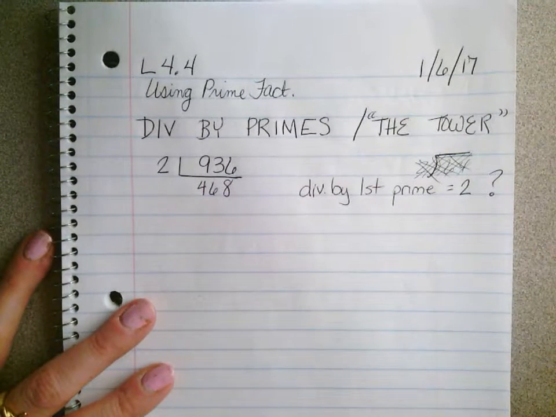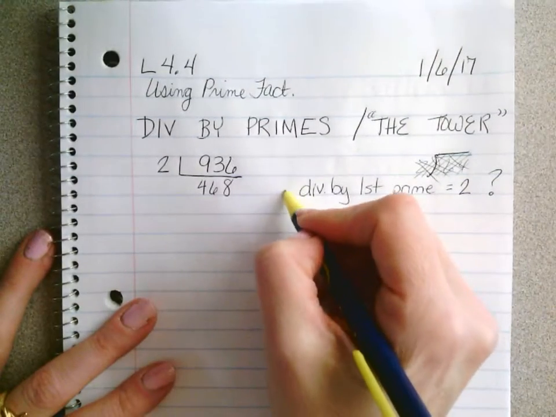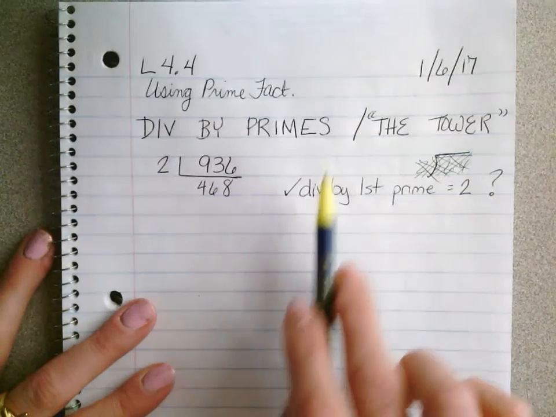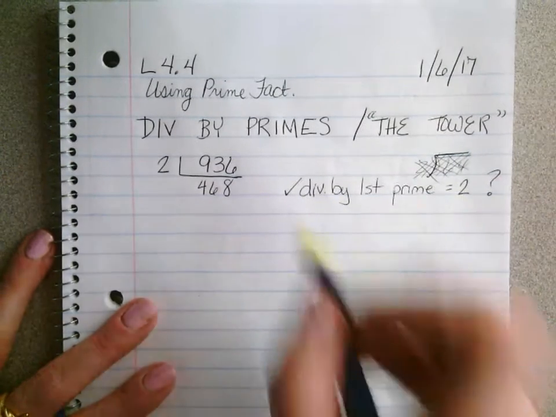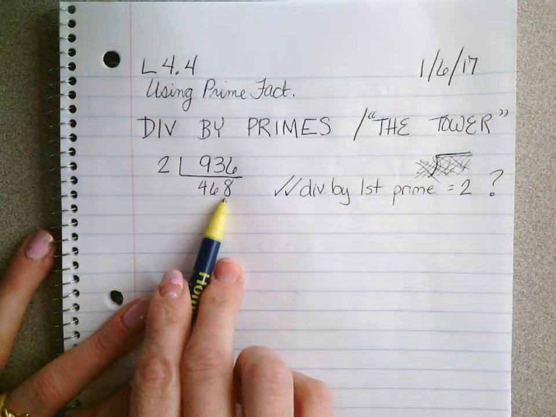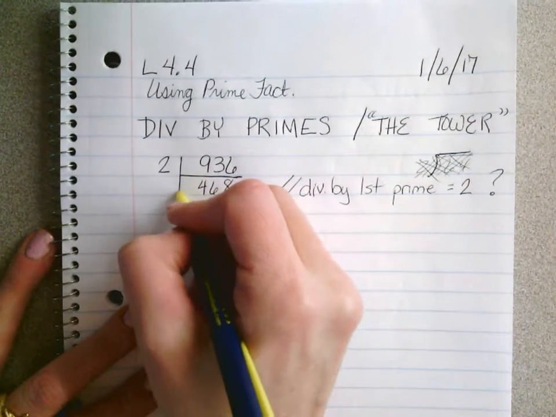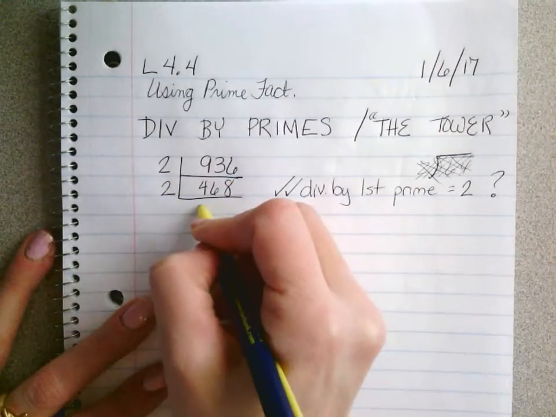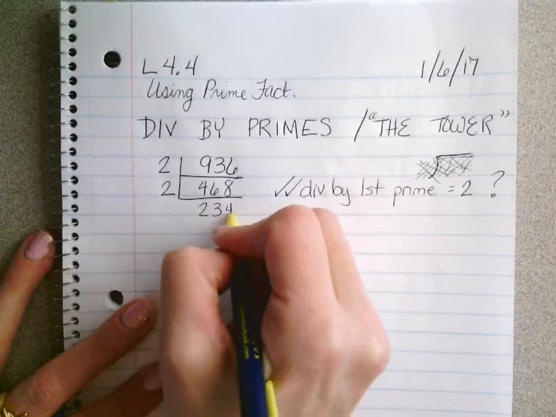Okay. You continue to ask yourself this question until the answer is no. Is it still divisible by 2? Is 468 divisible by 2? Yes. Draw another box, divide it by 2, and there's your new quotient.